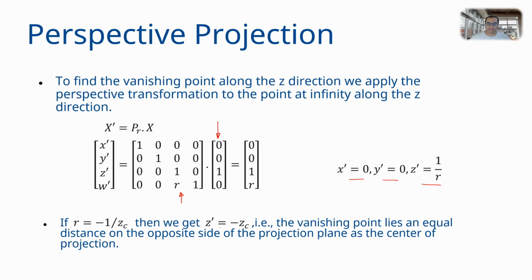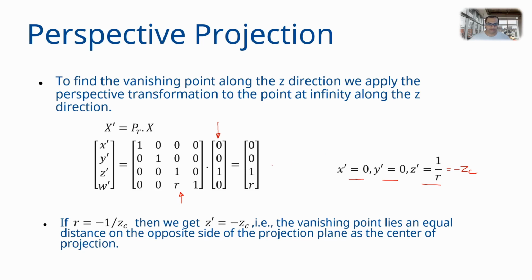Now if you set r equal to minus 1 by zc, then you see that z prime is equal to minus zc. That means that the vanishing point lies an equal distance on the opposite side of the projection plane, right?